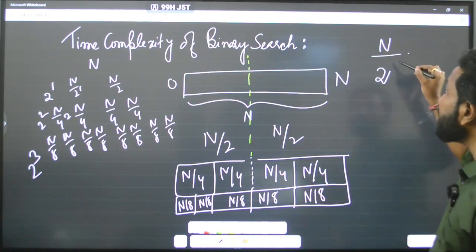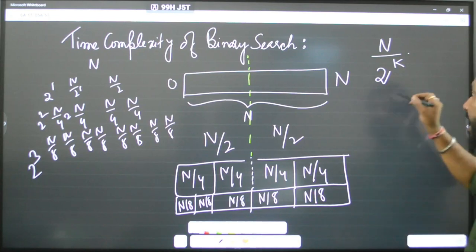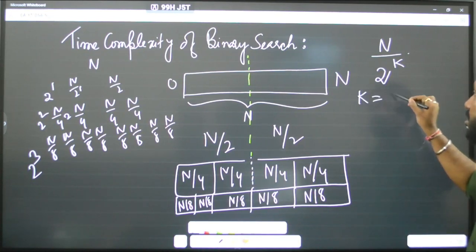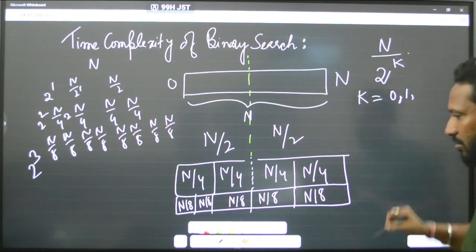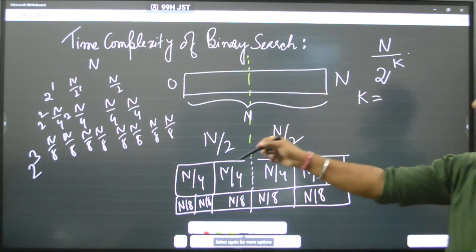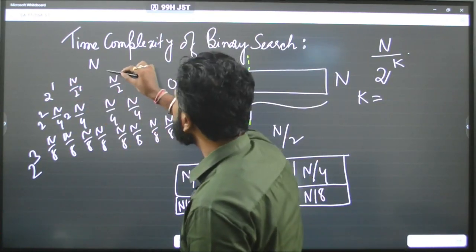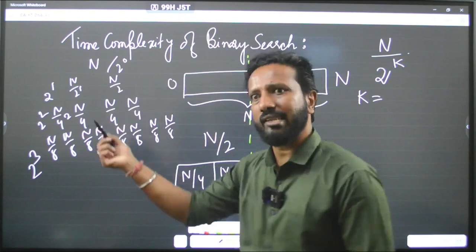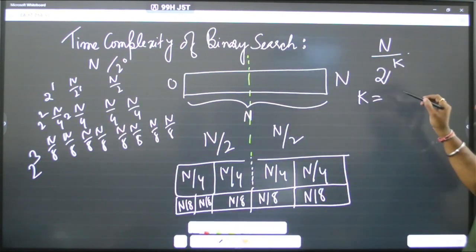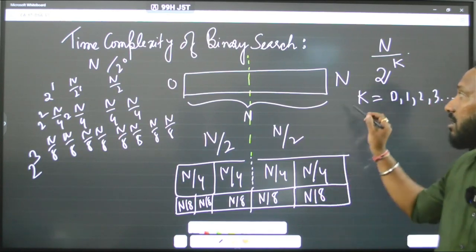Therefore, it is 2 power some value k, correct? And this k is equal to 0, 1, initially it is 0 only because it is here. N by, if I write here, this is 2 power 0, that is n by 1, nothing. So k equals 0, 1, 2, 3, and so on, it keeps on going.